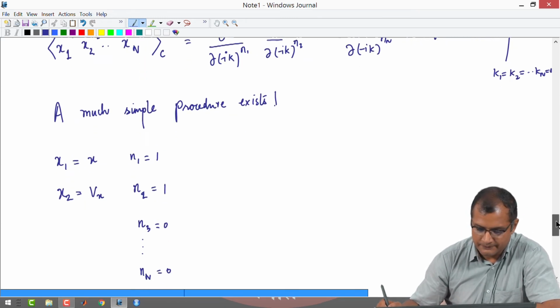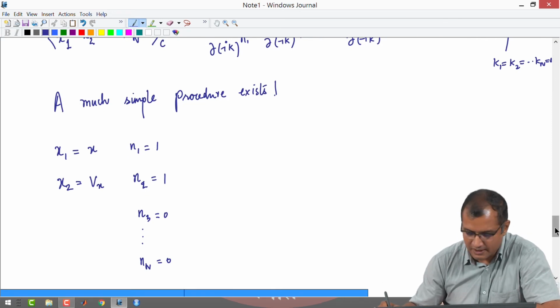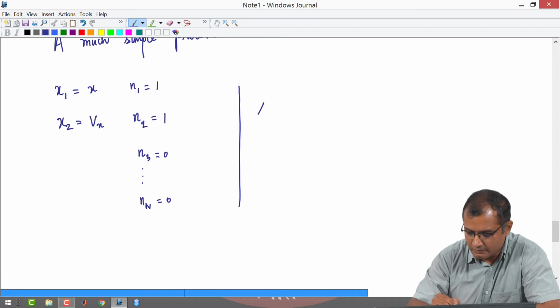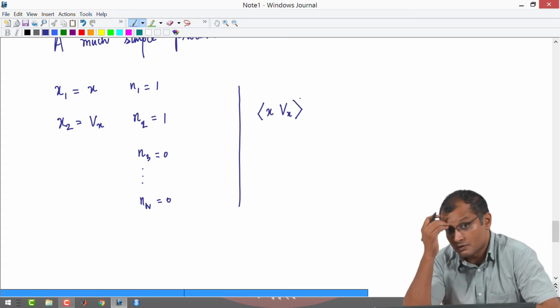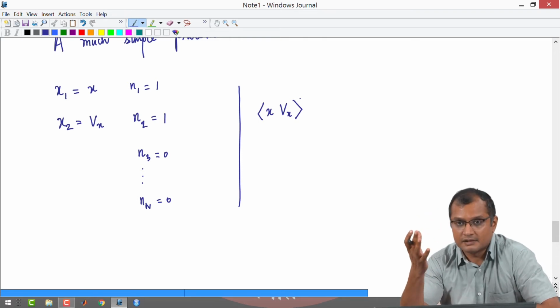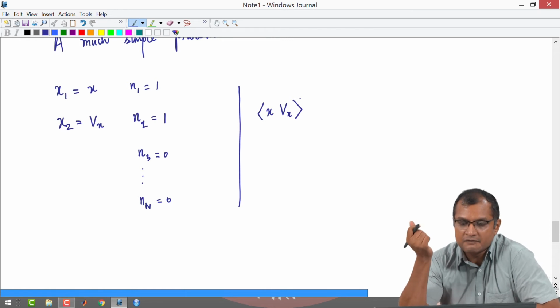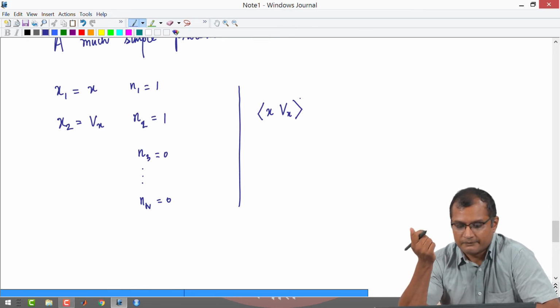So basically, what I am trying to say is that I am computing the joint moment of x into Vx. There is a gas in this room which is at equilibrium, and what is the average value of the position multiplied by the x component of the velocity?